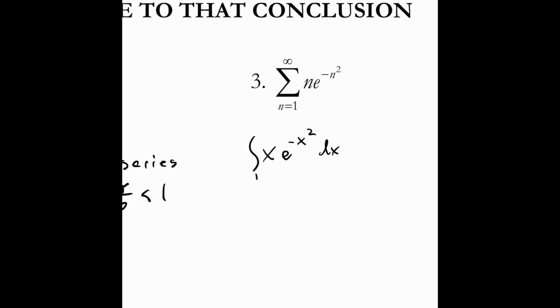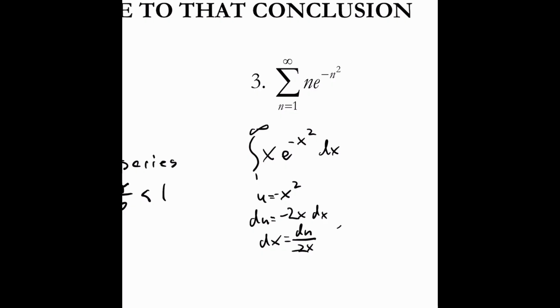Yeah, absolutely. So do the improper integral, u equals negative x squared. And that means du is negative 2x dx. So solving for dx gives us du over negative 2x.